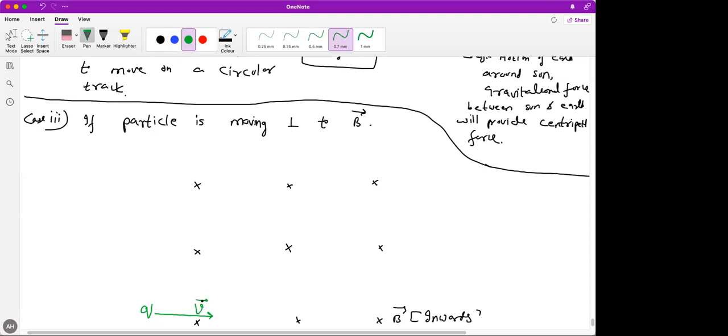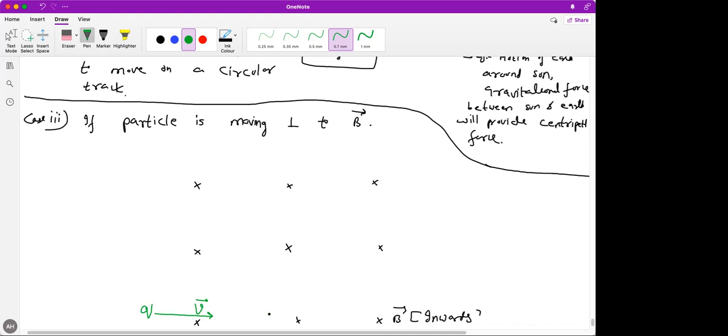So Fatma, what do you think? What's the angle between the velocity of the charged particle and the magnetic field? Magnetic field is inwards and the particle is moving to the right hand side.